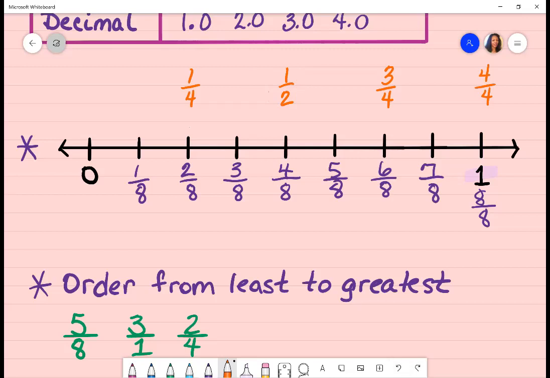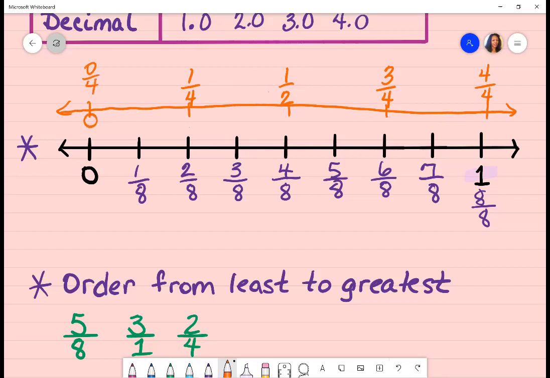So let me show you what I was saying. So if I were drawing this as a separate number line, my tick marks will be spaced out differently. And here I could say 0 out of 4, which is 0.